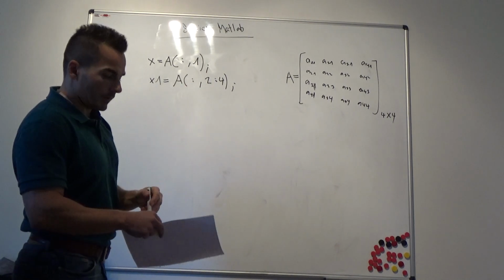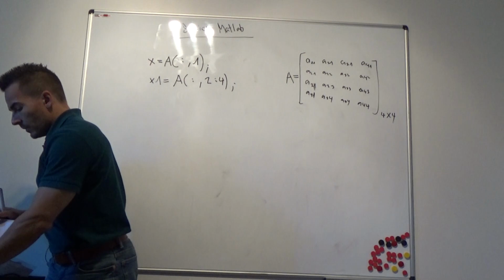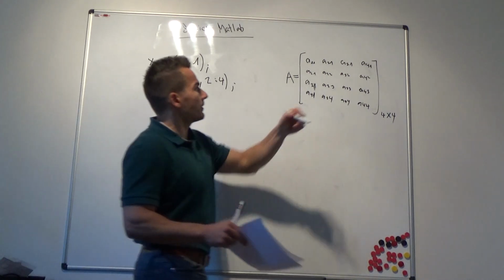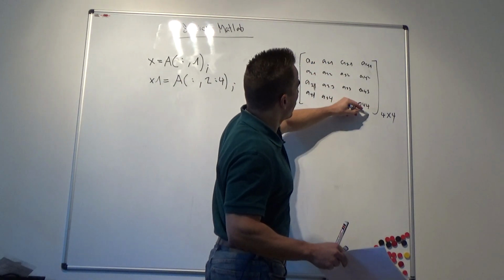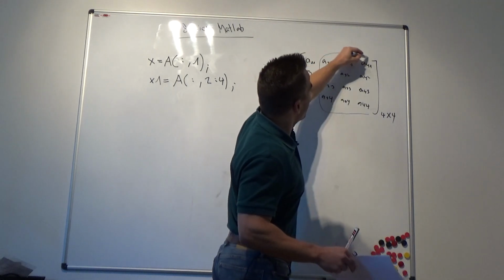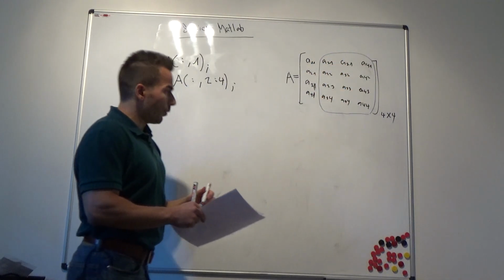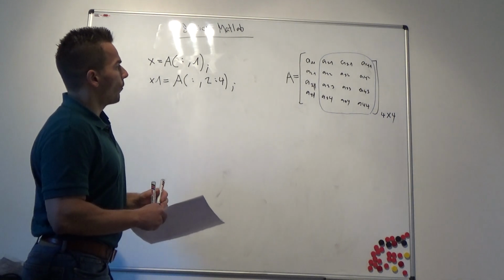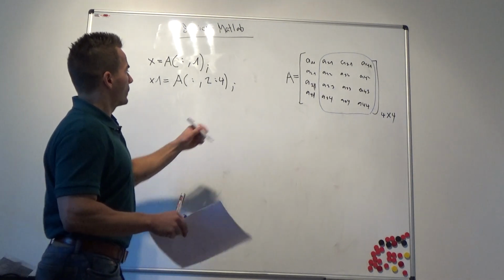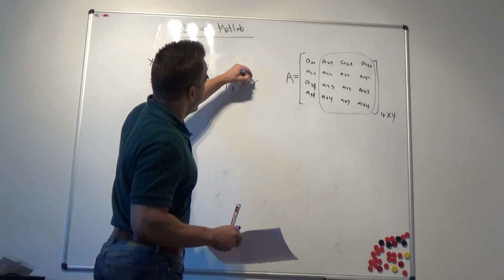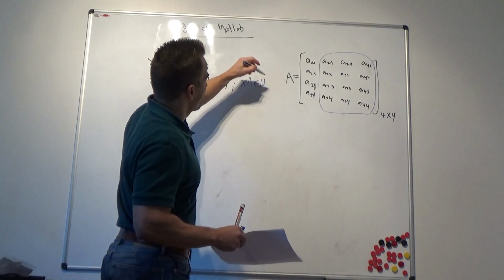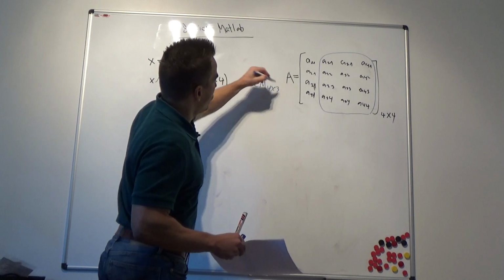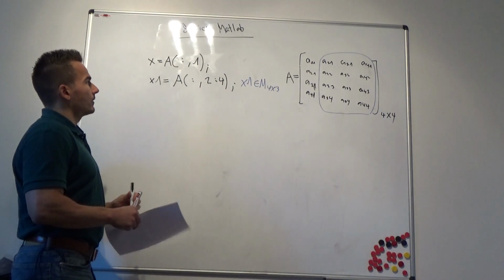It defines this new matrix, and this is what x1 would be. So x1 is obviously a 4 by 3 matrix, an element of R^(4 by 3).